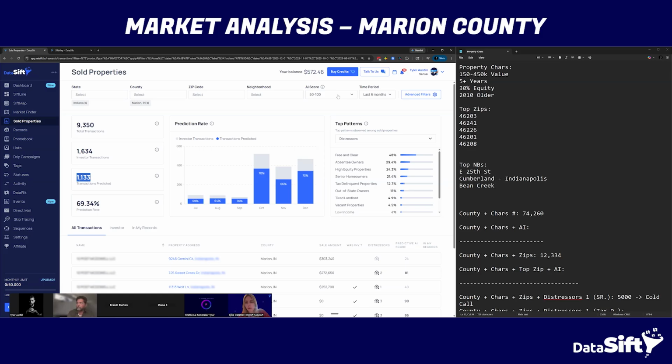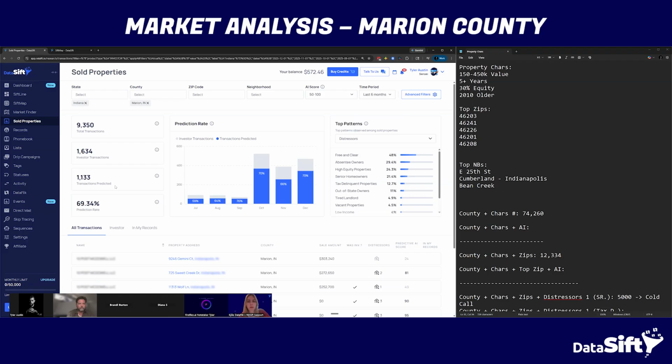And so what that means is that if you would have pulled the data in these months, or before these months that they sold, and you would have been marketing to them, you would have put yourself in a position to be in front of 70% of the properties that actually sold to investors, right?